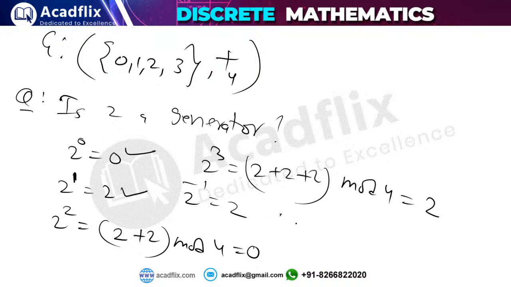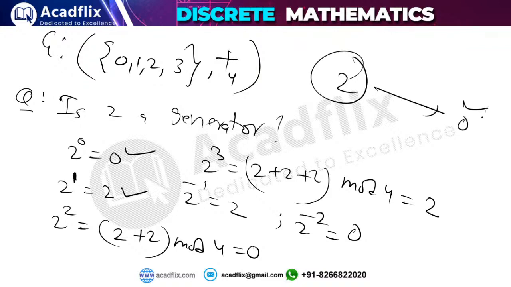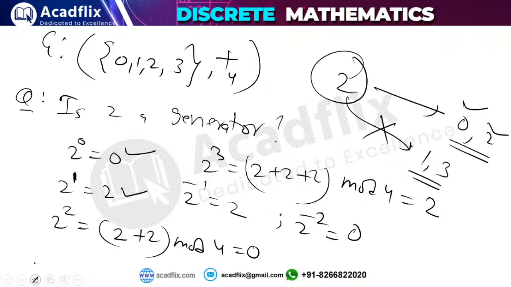What will be 2 power minus 2? That will be equal to 0. So you can see one thing, this 2 can generate 0 and it can generate 2, but this 2 cannot generate 1 or 3. So this 2 is not a generator.